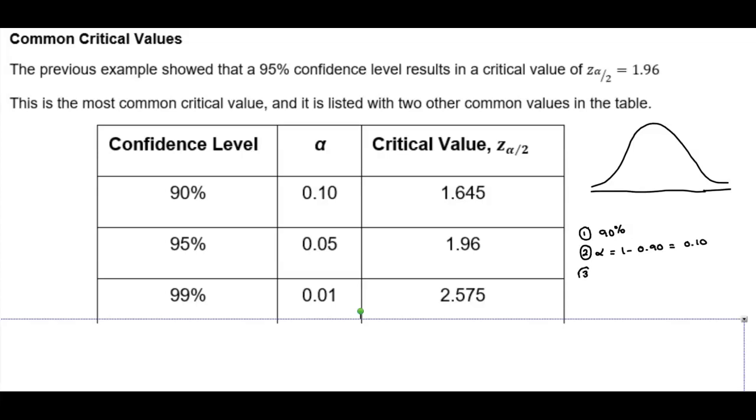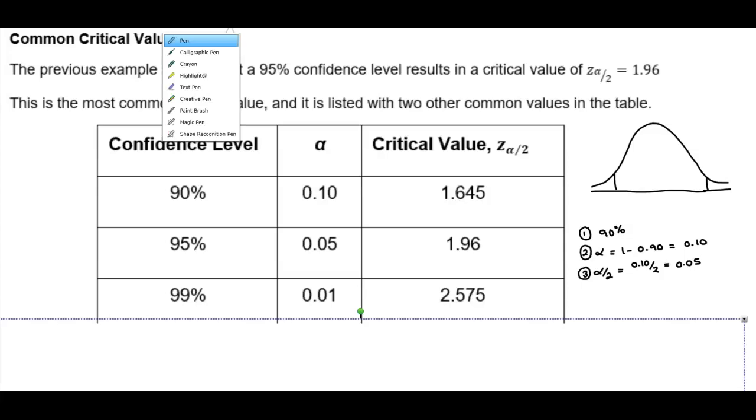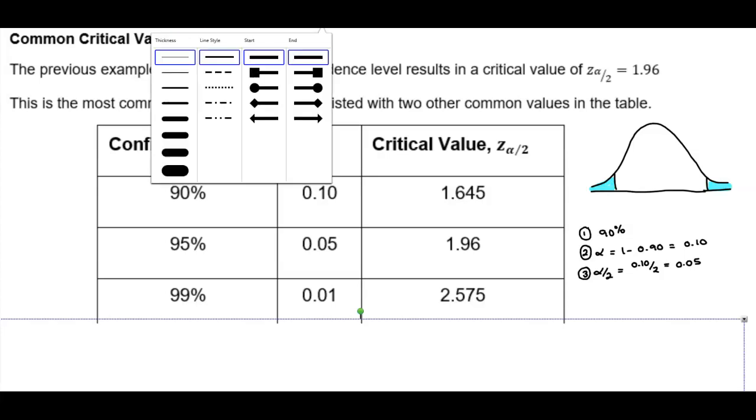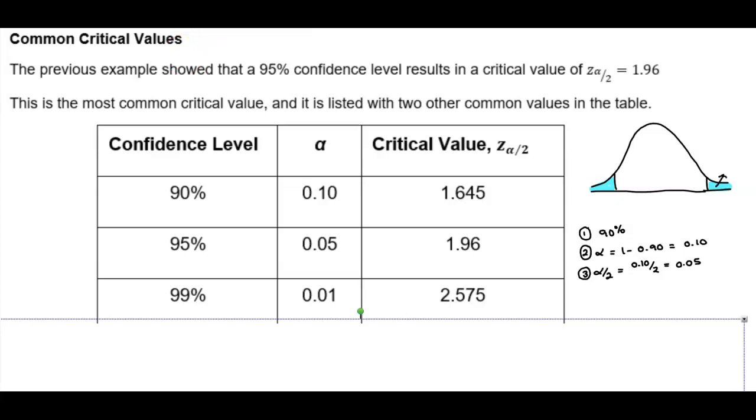Now, if we want to find the area in the right tail, we take alpha and divide it by 2. 0.10 divided by 2 gives us 0.05. So this is 0.05 and this is 0.05, and what's in the middle is 90% or 0.90.